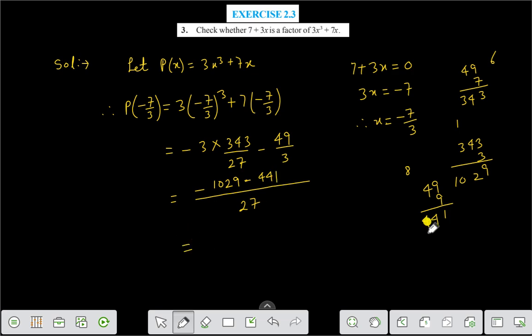We add this one with 1029. Then we are getting 1470, minus 1470 by 27.